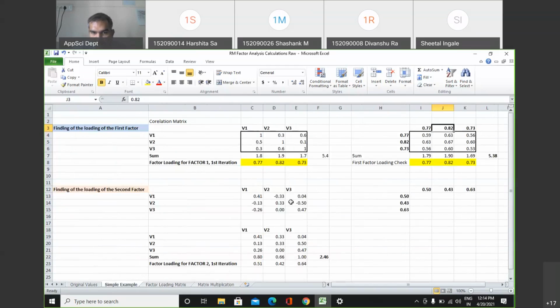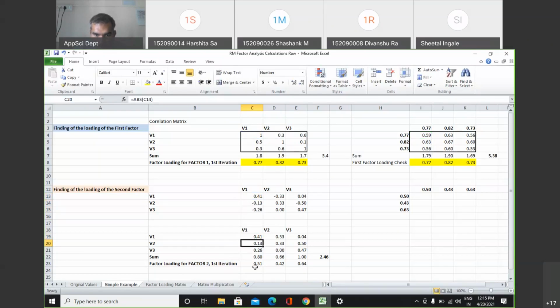So we proceed: we subtract this matrix from this matrix. If there was some negative value, we would have made it positive by using the absolute value function, then gone along with that. So here, as there are negative values, we have made them positive by using absolute value.